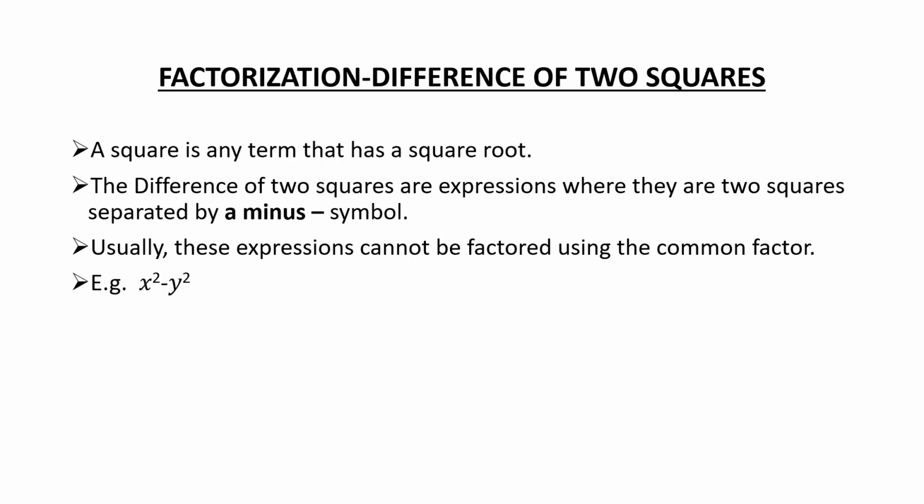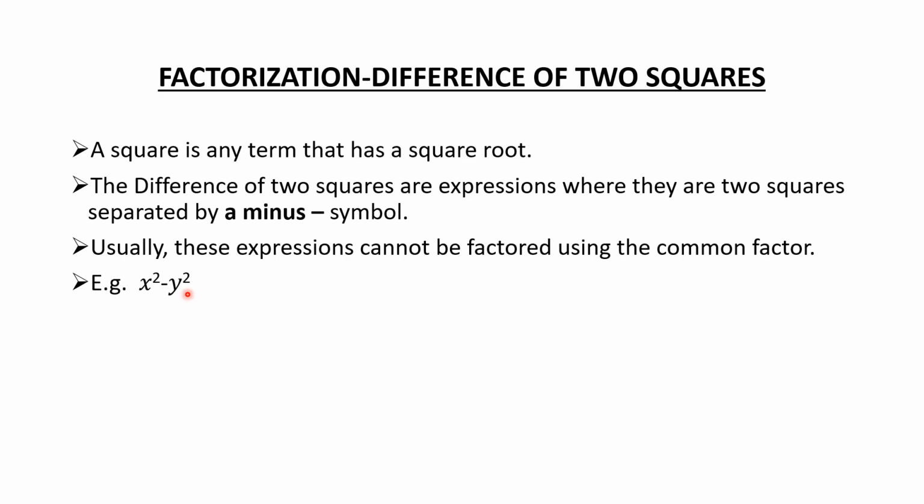So let's say we have x squared minus y squared. The first thing we can see is that we have a minus. Always, for you to do difference of two squares, you should have a minus somewhere. This one is x power 2 and this one is y power 2. Any variable that has a power which is an even number, or where 2 can go without a remainder, is a square variable.